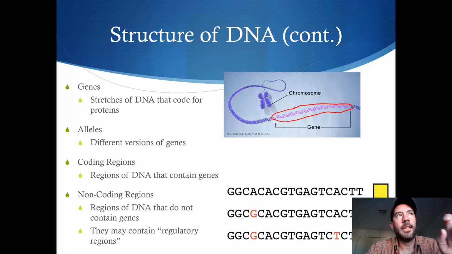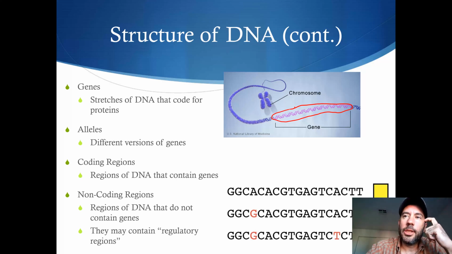Think of DNA as like a blueprint for a house. And a gene carries instructions for a particular section of that house, right? So imagine that there's a gene for the master bedroom and a gene for the bathroom and a gene for the entrance and a gene for the kitchen, okay?